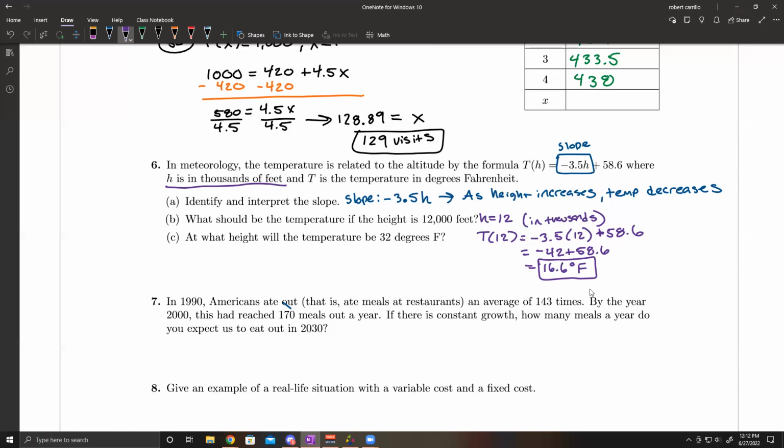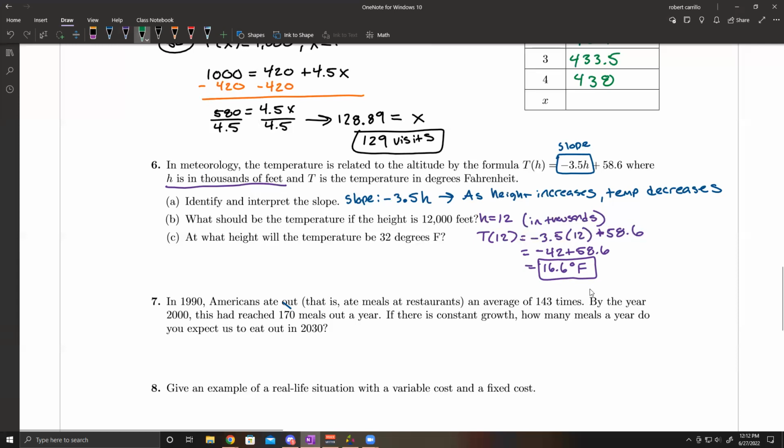Now for C, it says at what height will the temperature be 32 degrees Fahrenheit? So now this one is, again, giving us the output and we need to find the input. They want to know, how high do you have to climb to be at 32 degrees?